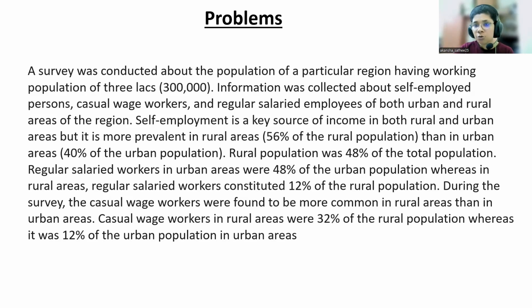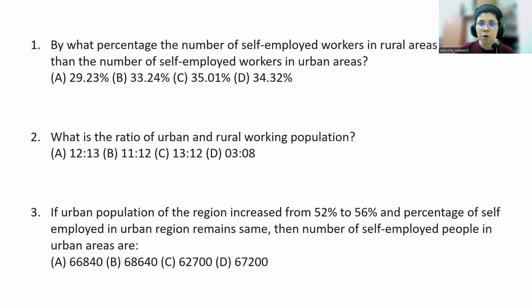Now let's go to the questions so that we will get to know what information exactly we need to solve the problem. First problem: by what percentage is the number of self-employed workers in rural areas more than the number of self-employed workers in urban areas?